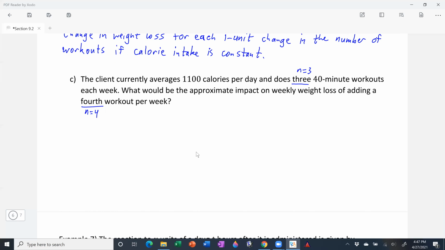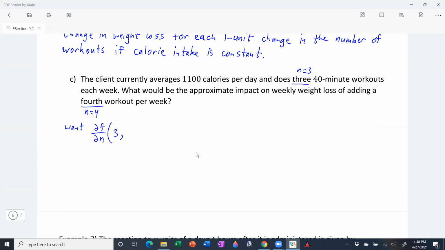So we need the partial of F with respect to N, since everything's changing based on our workouts, evaluated at 3, changing from 3 to 3 plus 1.